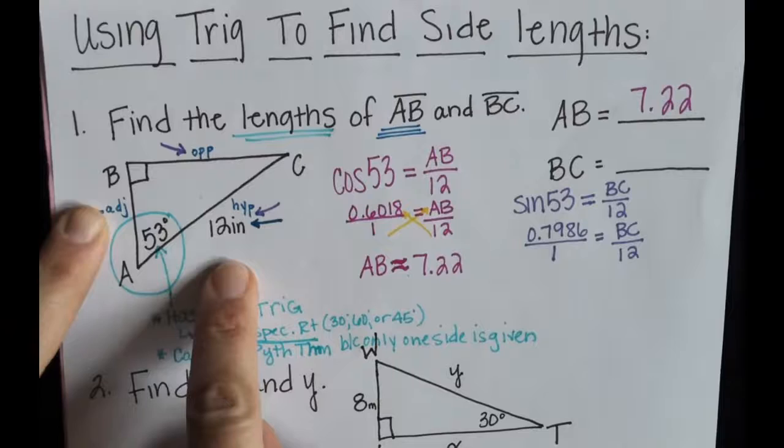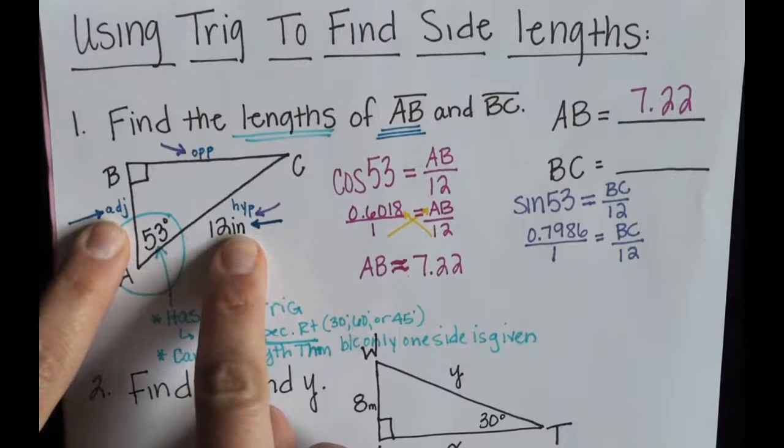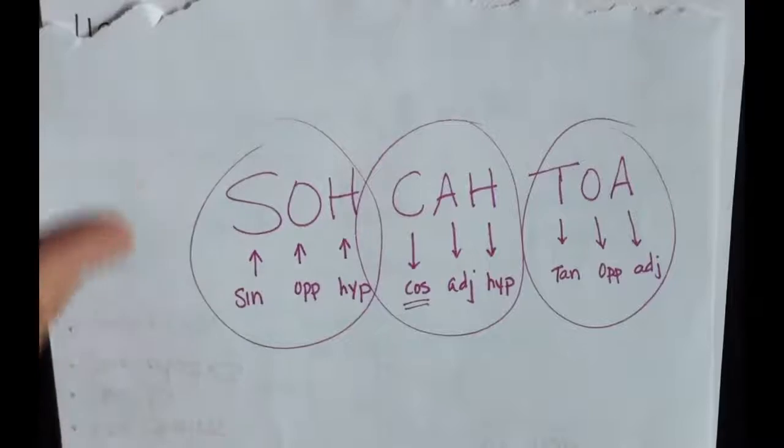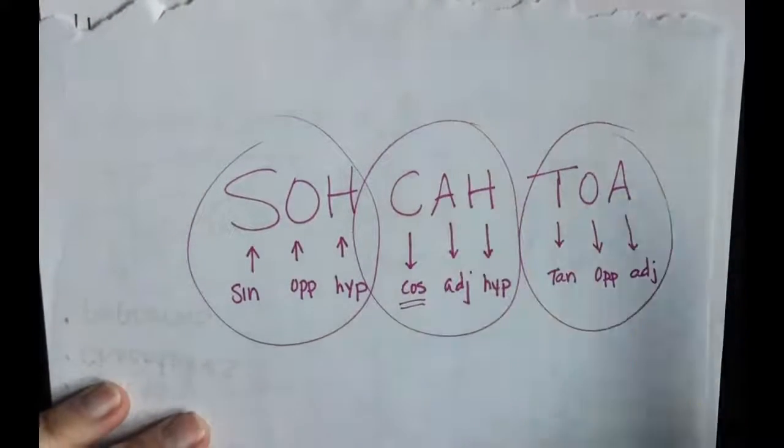Because this side was adjacent and this side was hypotenuse, I look at either my formula sheet or our cheat sheet, the mnemonic device SOHCAHTOA.